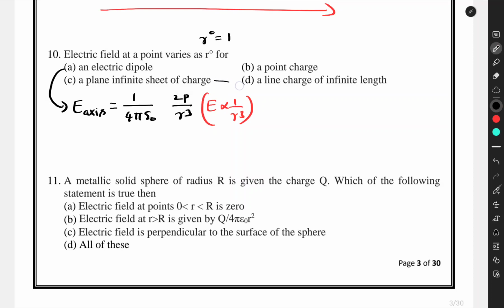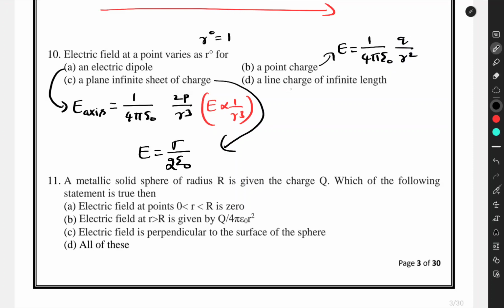And for a plane sheet, the electric field is given by sigma by epsilon naught or sigma by 2 epsilon naught. For a point charge, the electric field is given by 1 over 4 pi epsilon naught into q by r square. And for an infinite line charge, the electric field is lambda divided by 2 pi r epsilon naught.